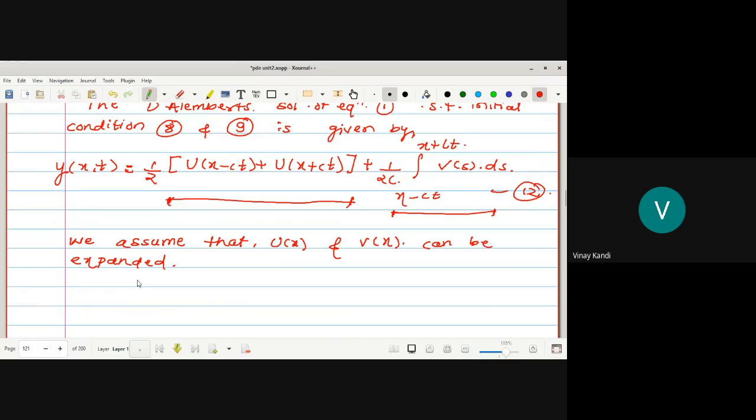Okay, expanded into a Fourier series in minus L to L.